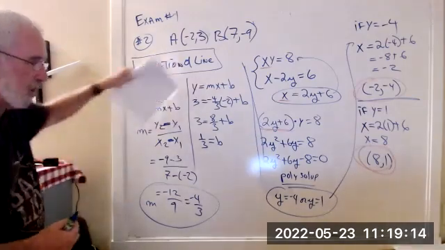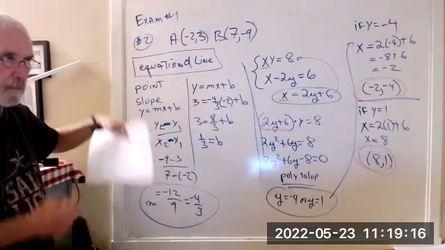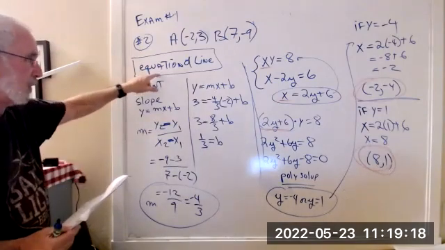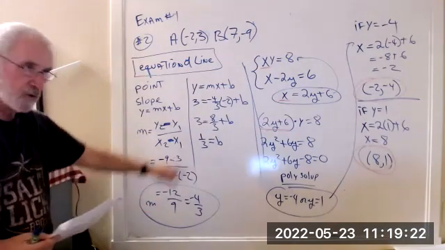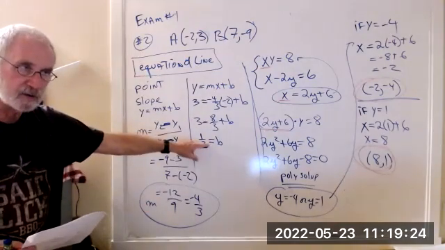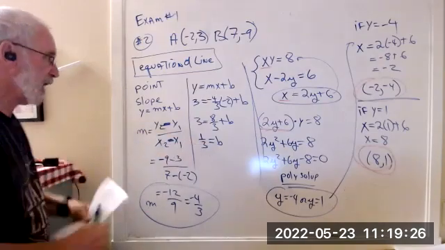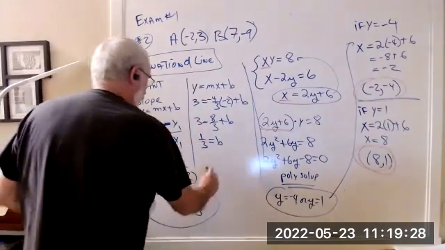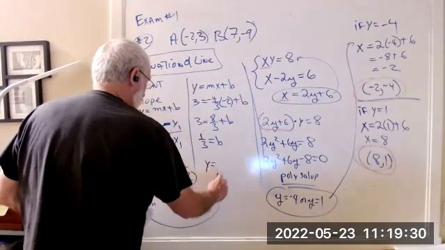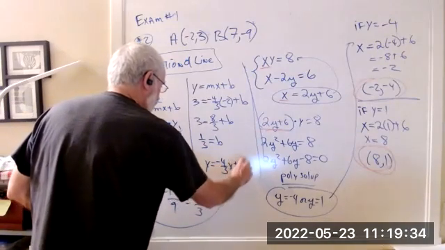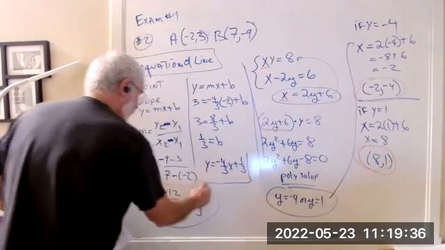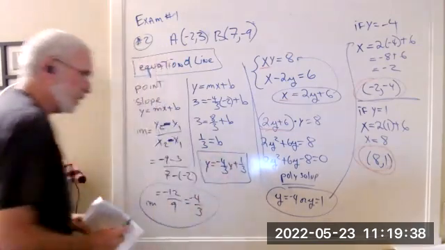Several of you gave me all of this information, but you never gave me the equation of the line. You gave me the slope, you gave me the y-intercept, but you never actually told me how this works. The answer is y equals -4/3 x plus 1/3. That was the equation of the line.